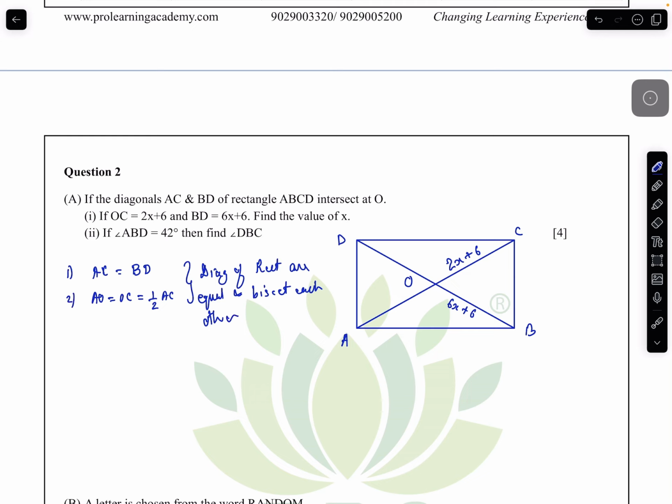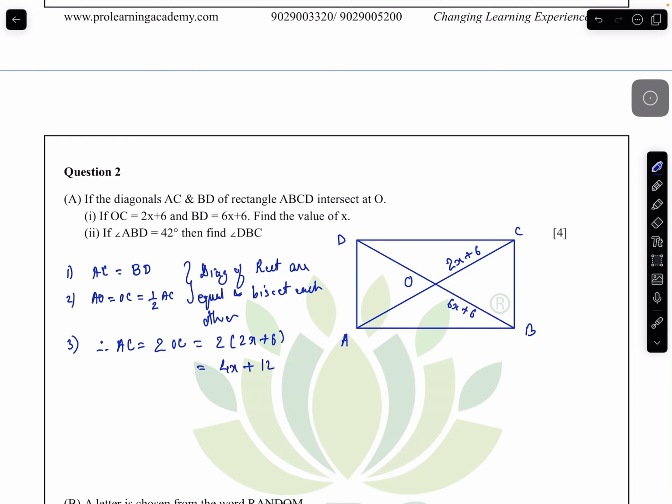So here we know that AC could be written as 2 times OC. So the third statement is therefore AC is 2 times OC, which is 2 times 2x plus 6, which is 4x plus 12.